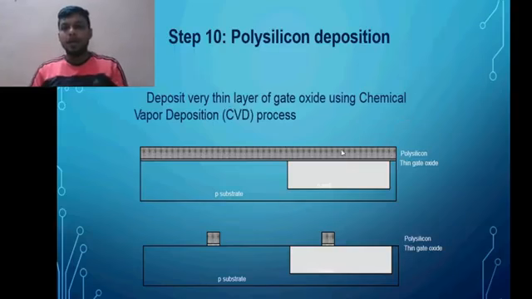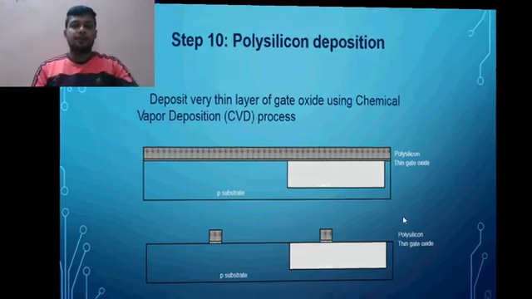So here you can see that the polysilicon layer is added, and then there is a masking process. These are the connections for the gate, and the rest of the layer is etched off.